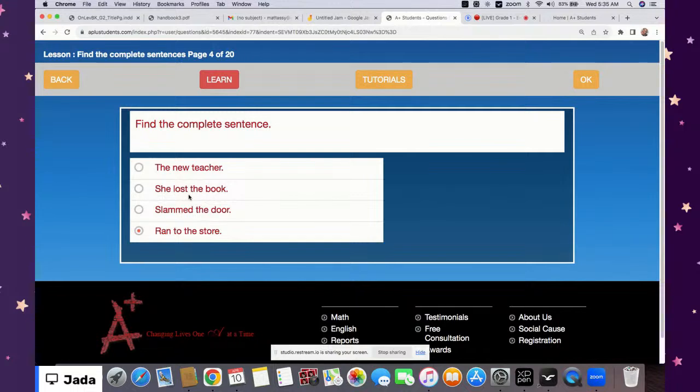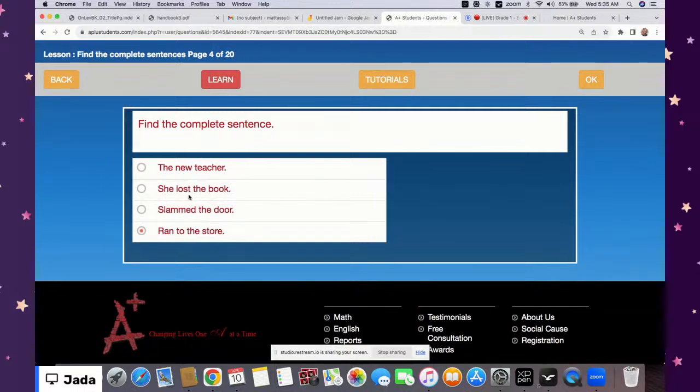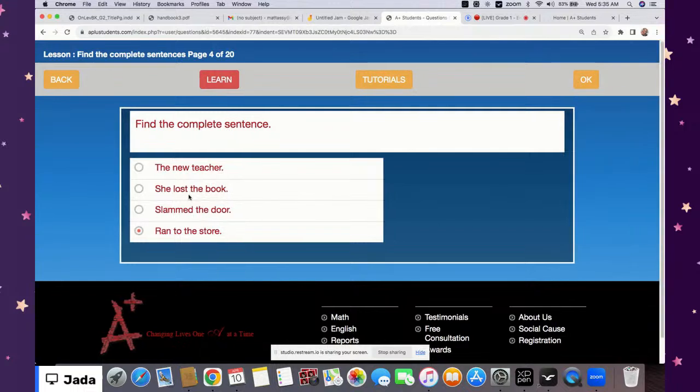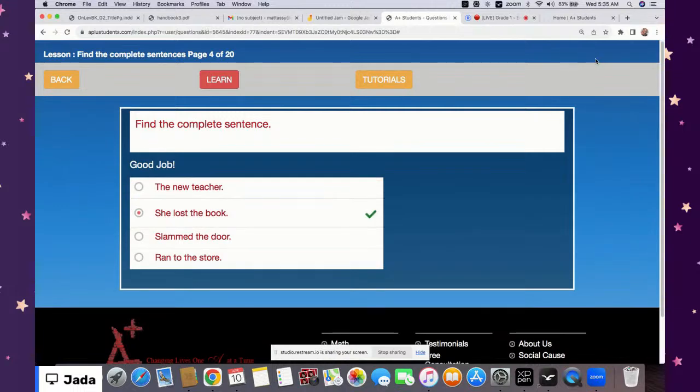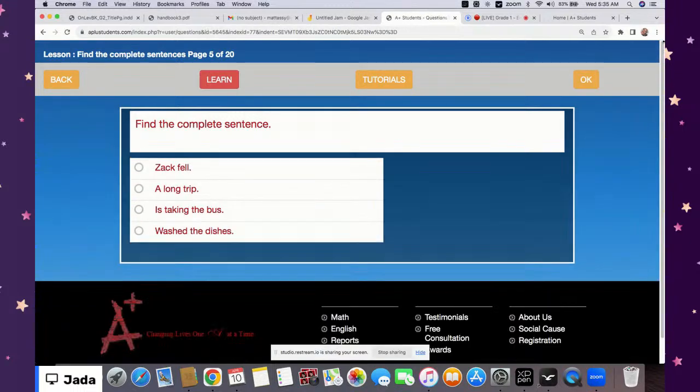So this, she lost the book. Good job. So if we say the new teacher, it is incomplete because it's missing something. So you can say the new teacher is eating, then it makes it correct. But if you just say the new teacher, that's incorrect.